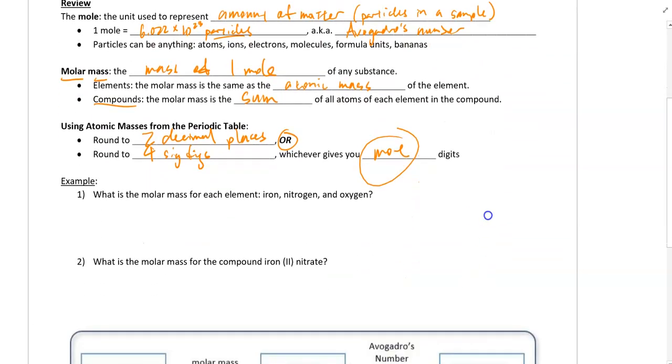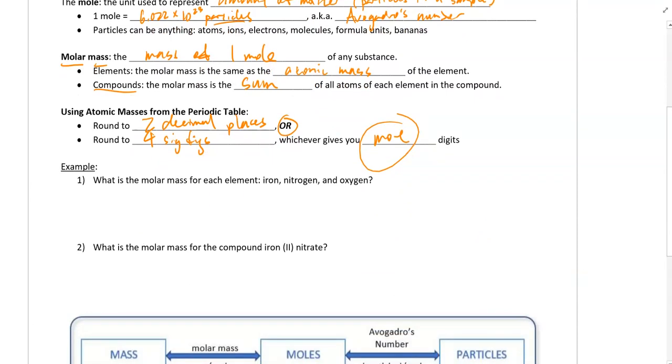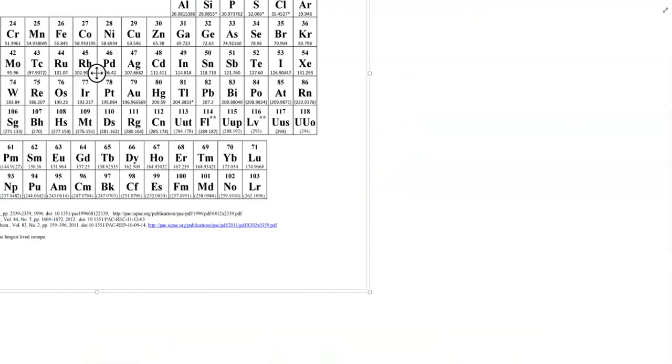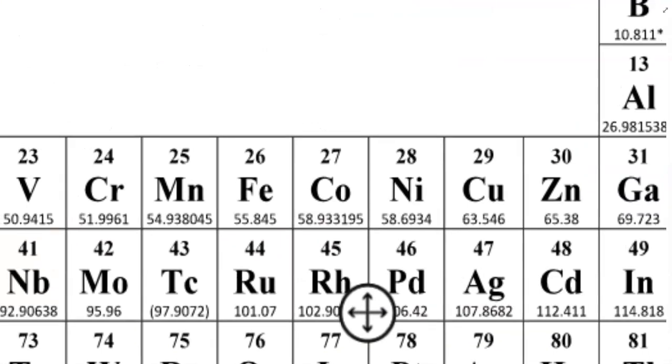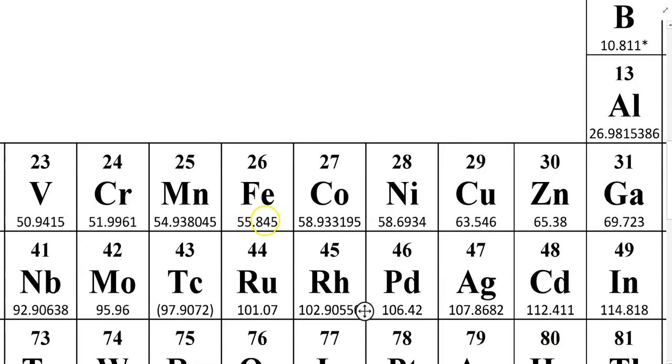All right, a quick couple of examples here. What's the molar mass for each of these elements: iron, nitrogen, and oxygen? Just to review, let's go over to a periodic table. Our friend iron, Fe, 55.845. We're going to look at either taking 2 decimal places or 4 significant figures. 2 decimal places is 55.84 at that place, and 4 significant figures is also 55.84.